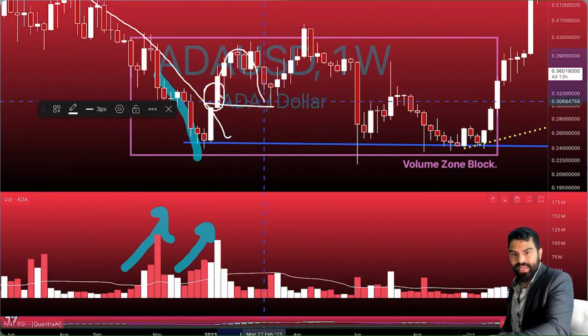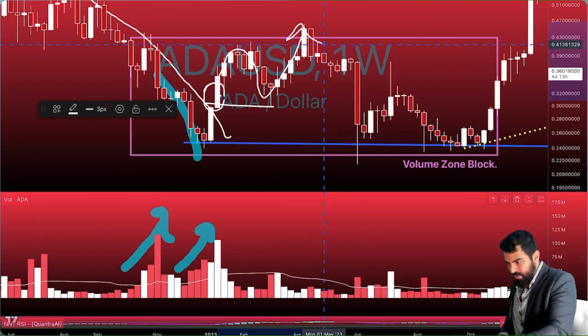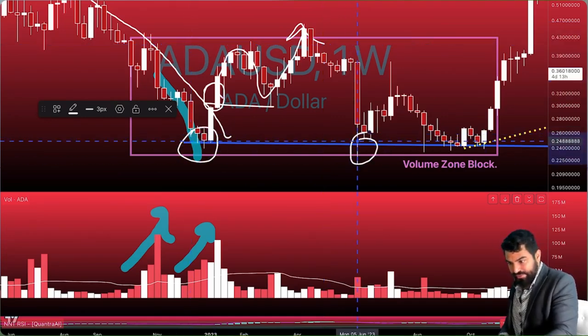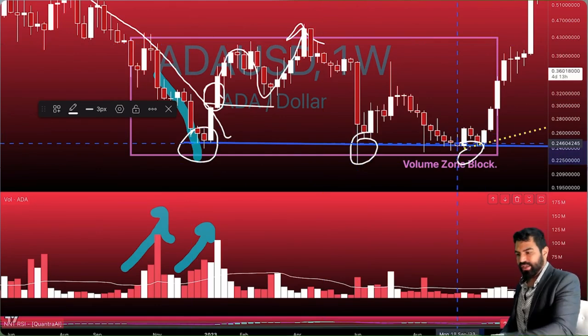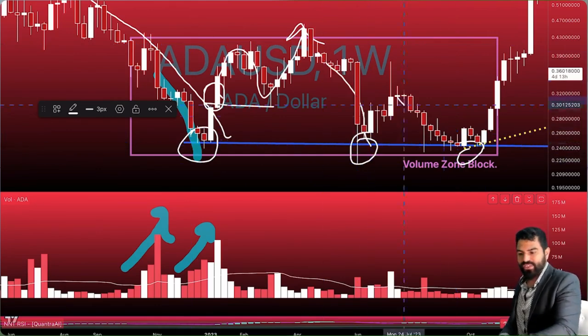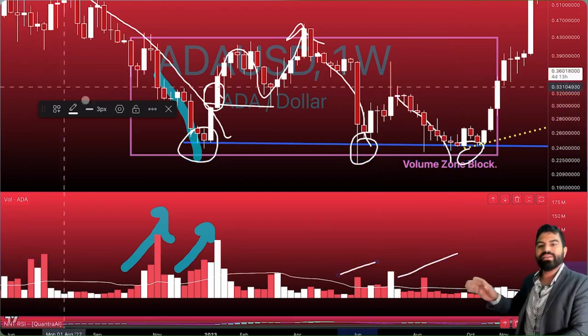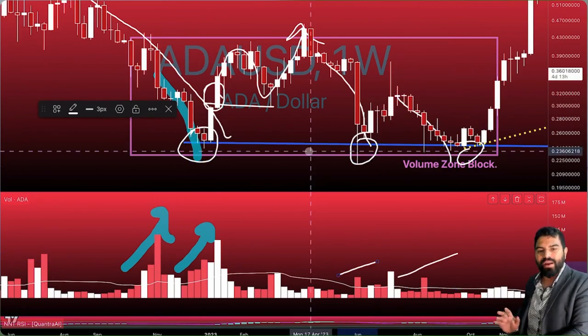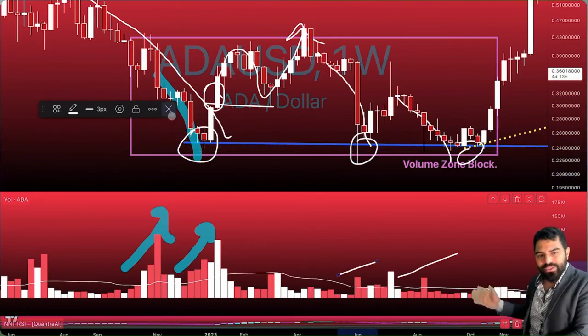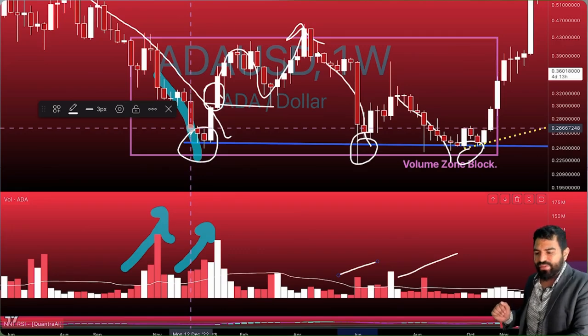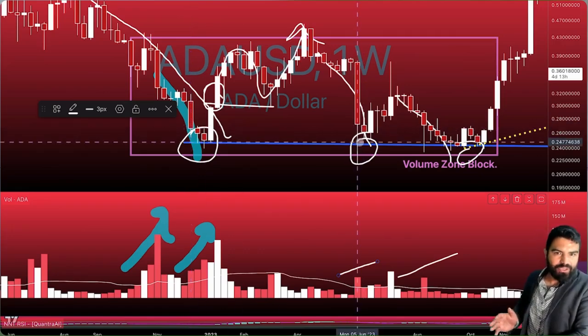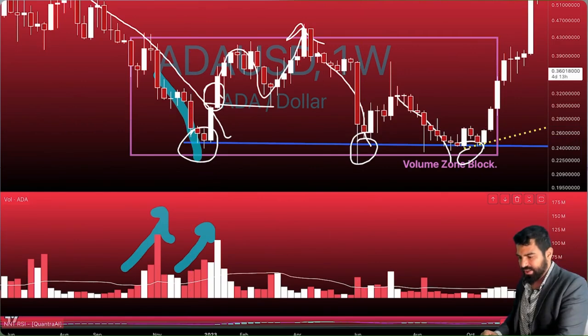Price came down, rose again, and we come back down to the extremities of the box. I want to be looking again as price falls here and here: is the volume increasing? Because if it is, that means it's probably being accumulated in this price zone by professional monies. If I don't see that, it may be a shorter-lived move.